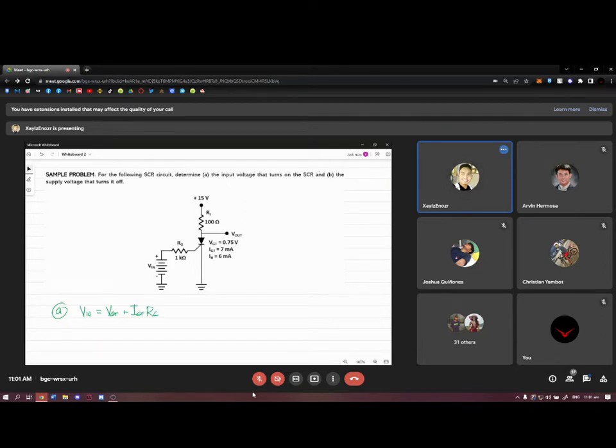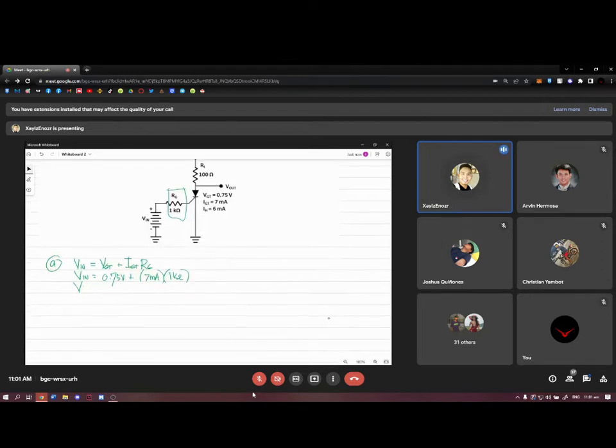Given naman na yung mga parameters na yun. So, V in is VGT, that is 0.75 volts, plus IGT, 7 milliamperes, multiplied by RG, resistance sa may gate, so that is 1K.